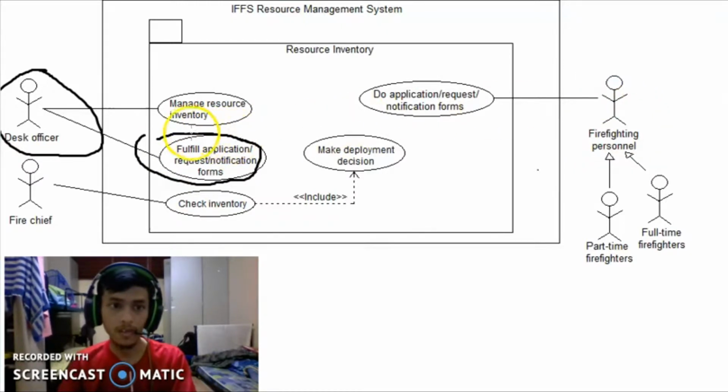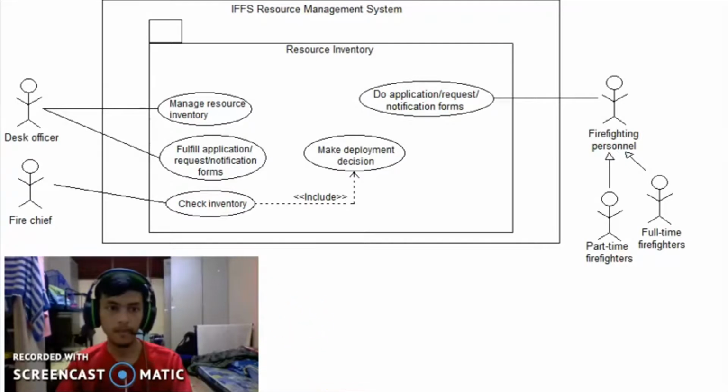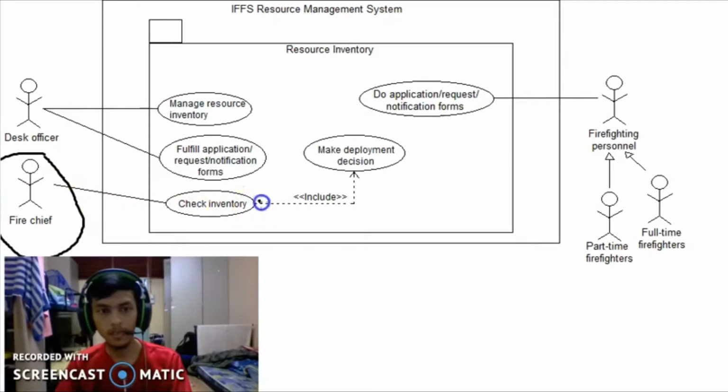After that, based on the form, he will manage the resource inventory, and the system will save and update it from the old to the latest item. Finally, the fire chief will check the inventory based on what the desk officer updated before, and based on that, he will make the deployment decision for faster decision making.